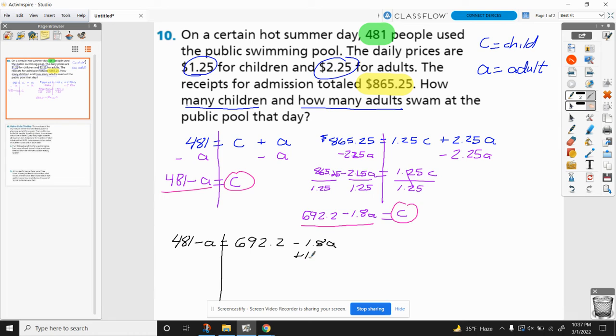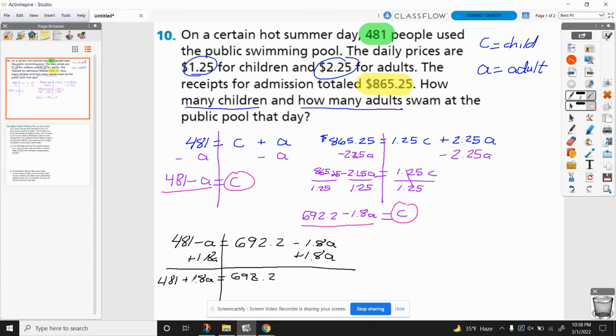If we add the 1.8A on both sides, now we start getting to an equation. 481 plus 0.8A would equal 692.2.